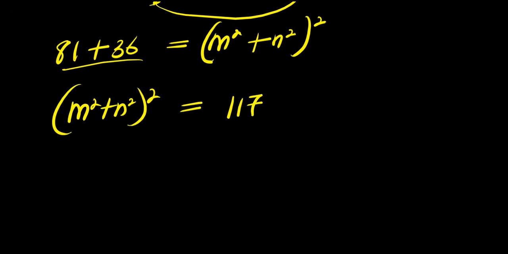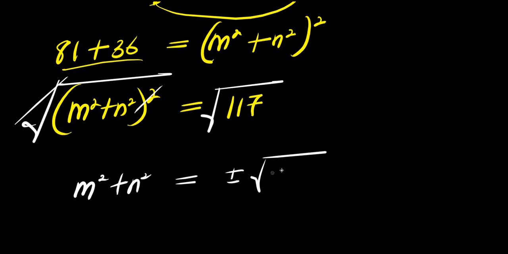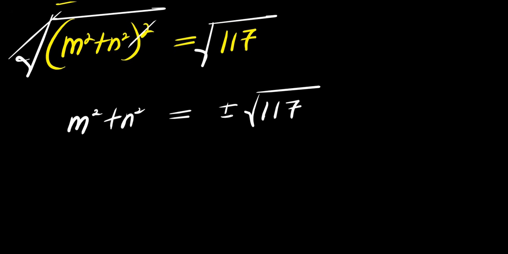So from here, I can take the square root of both parts of this equation. This cancels this. I have m^2 plus n^2 equals plus or minus square root of 117. So from here, I can express this 117 as the product of 9 and 13.